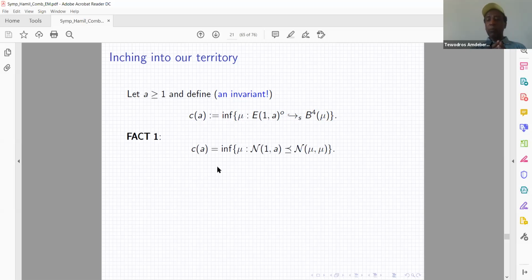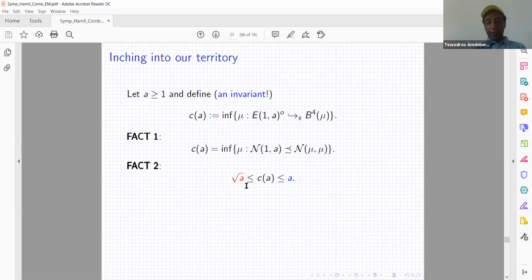Now I would like to translate this in terms of the numerical sequence we had before. This is a new definition of an invariant. But earlier, this numerical sequence related to generating functions was discussed, so is there any connection between the two? Yes, I can write this as follows. This being embeddable in here is the same as this sequence of numbers being dominated by this sequence of numbers. So we turn this into a numerical game.